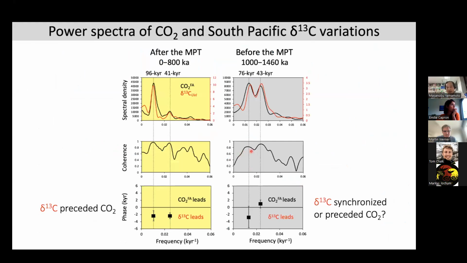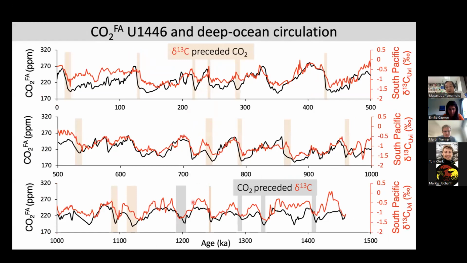And a similar phase shift was observed between deep ocean circulation and the CO2, the carbon isotope composition of benthic foraminifera. So this is a record. After the MPT, the deep ocean circulation preceded the CO2, but before the MPT, CO2 preceded the carbon isotope composition.